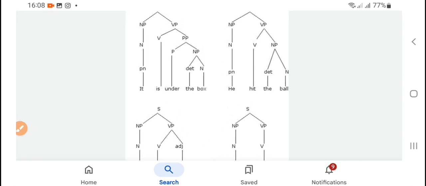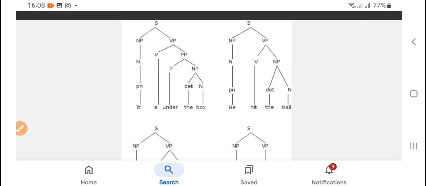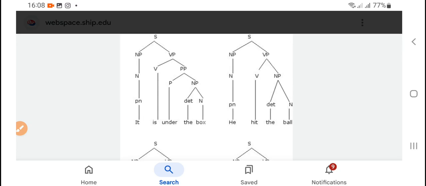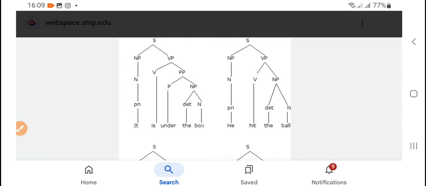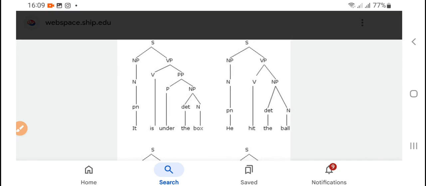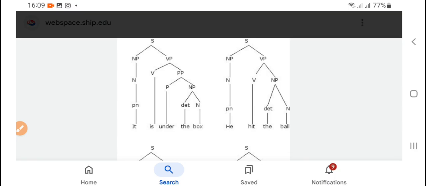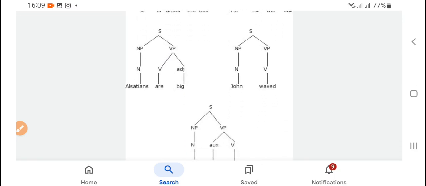Okay. Then this diagram we can take, right? Here it is under the box, a prepositional phrase, under the box. Then he hit the ball, hit the ball. Simple sentences are there, right?